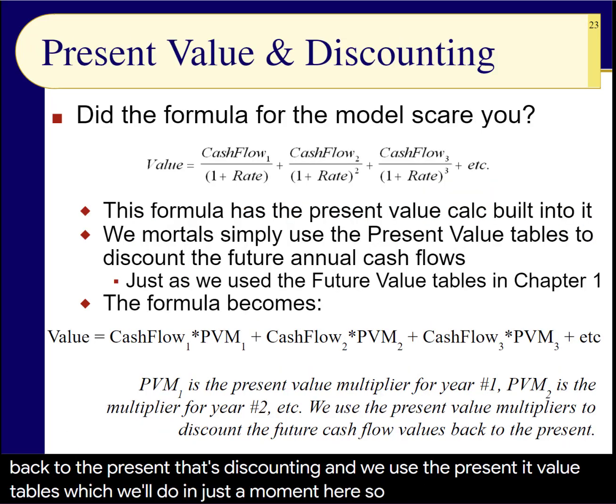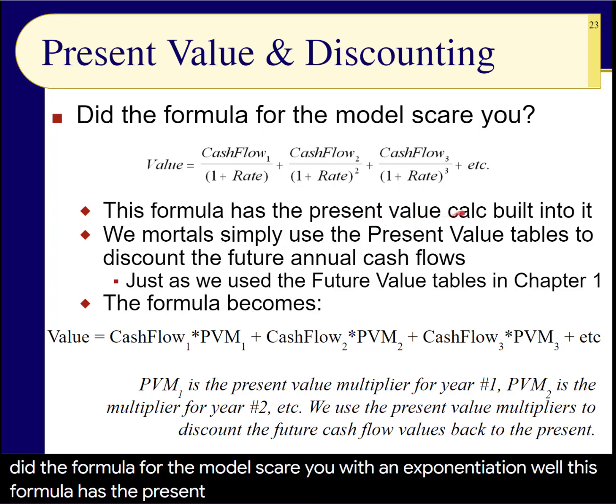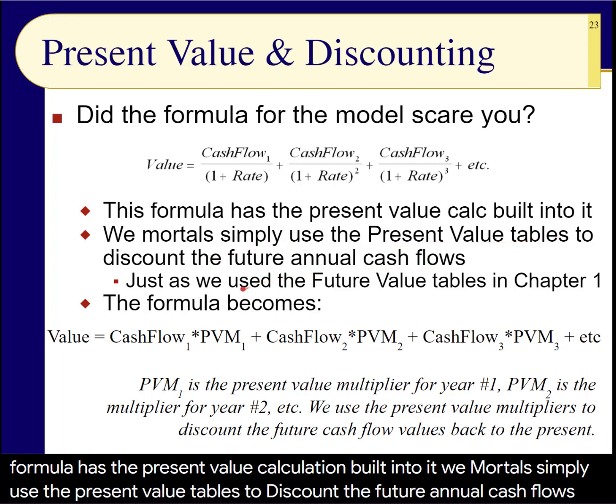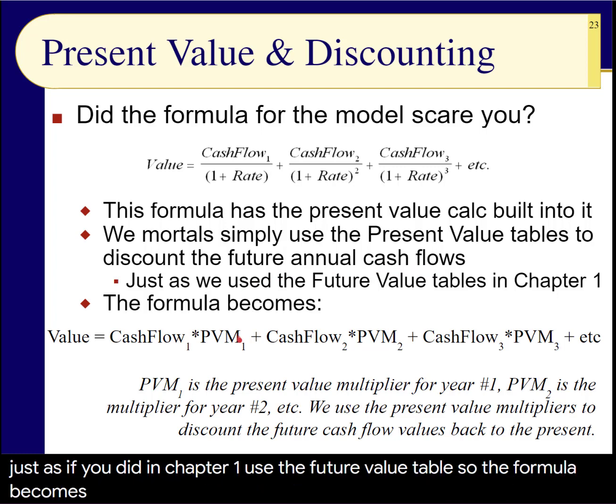So let's take a look at slide 23. Did the formula for the model scare you with its exponentiation? Well, this formula has the present value calculation built into it. We mortals simply use the present value tables to discount the future annual cash flows, just as you did in chapter 1 with the future value table. So the formula becomes a lot easier. No division and no exponentiation.